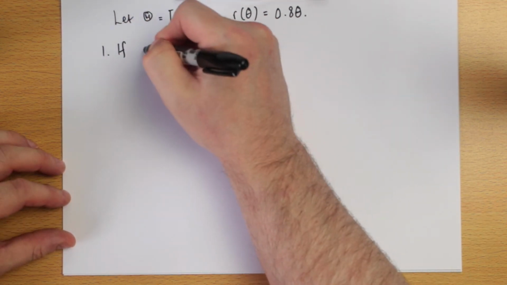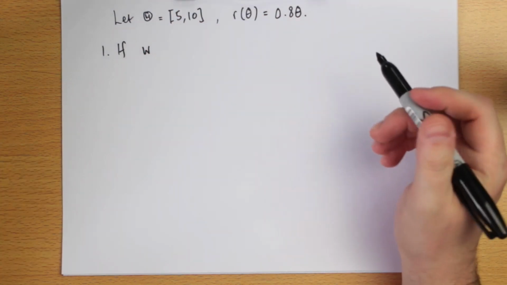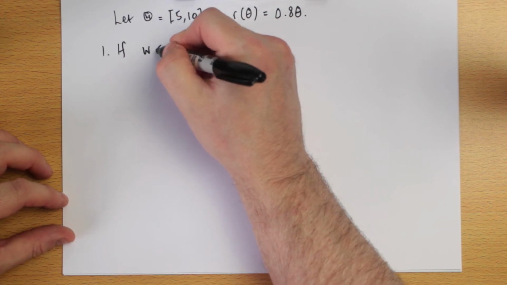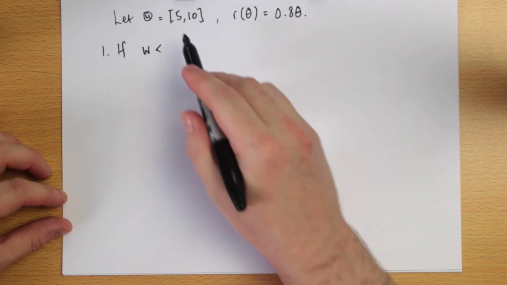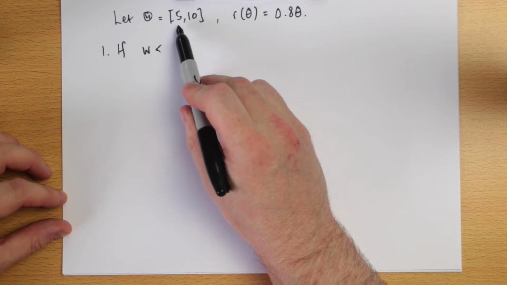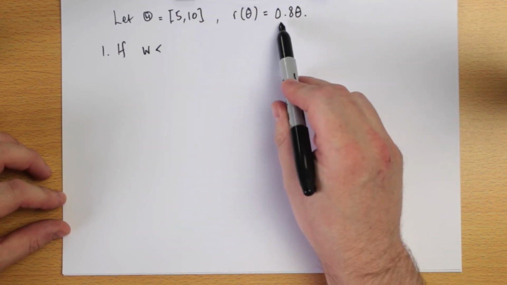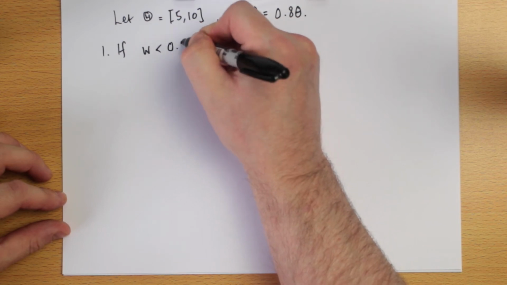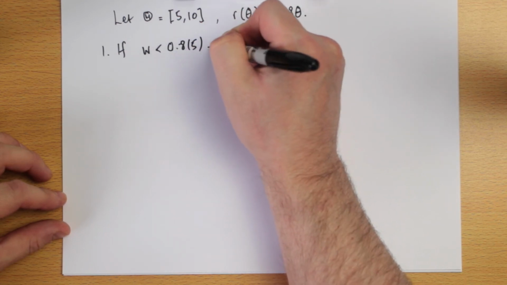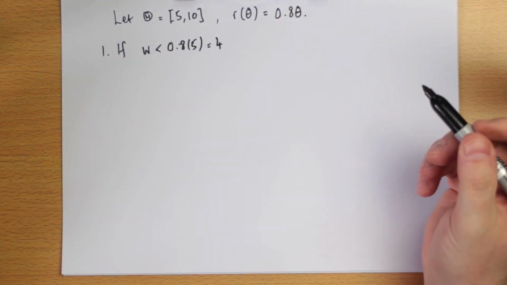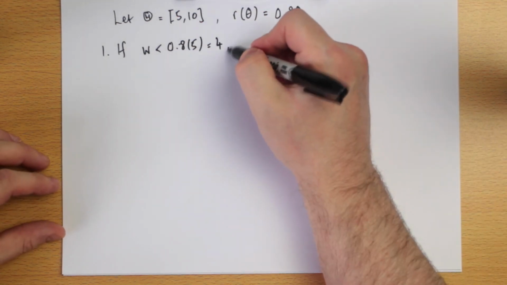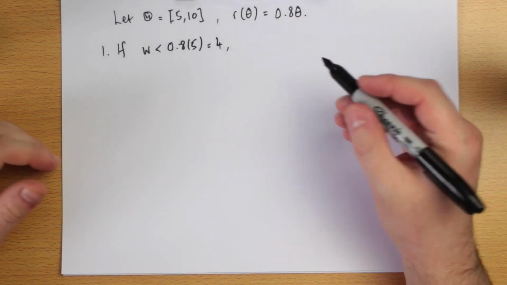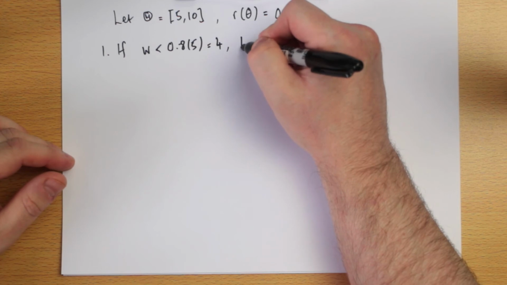So there's various cases. If the wage is low enough, then nobody's going to accept the wage. So when does that happen? Well, if the wage is less than, the lowest type is 5, and 0.8 times 5 is 4. So if the wage is less than 0.8 times 5, which is 4, then even the least productive type here will not accept that wage.